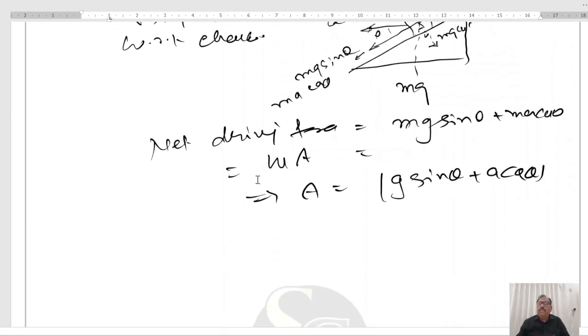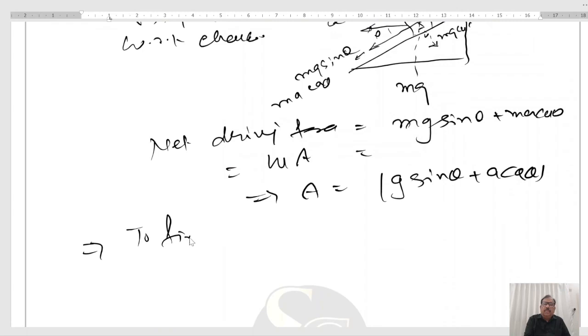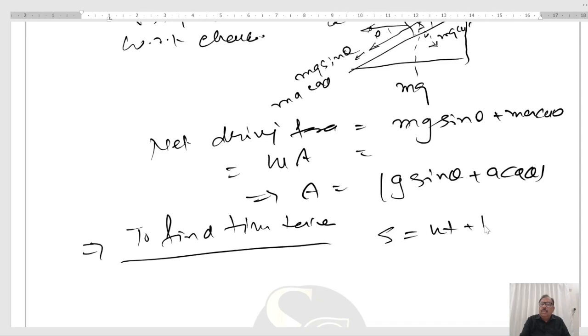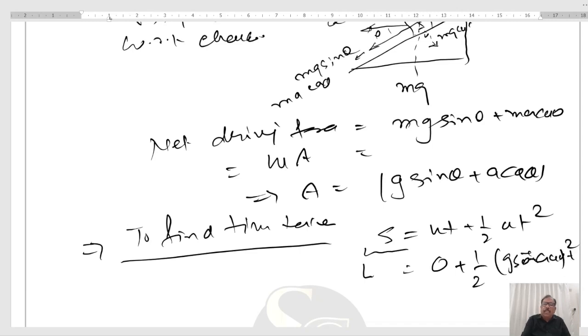Now we have to find the time taken. To find the time taken, use the formula s equal to ut plus half at square. This is L, the length of the incline. Initial velocity is 0 plus half (g sin theta plus a cos theta) into t square.